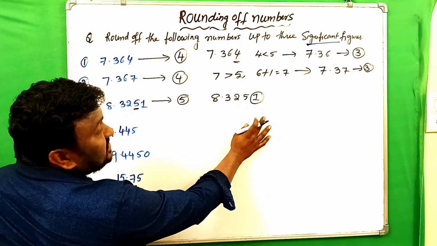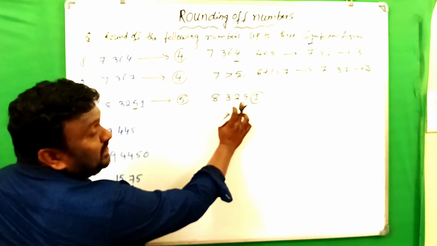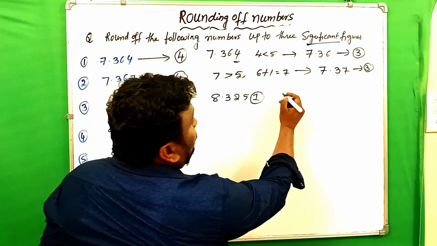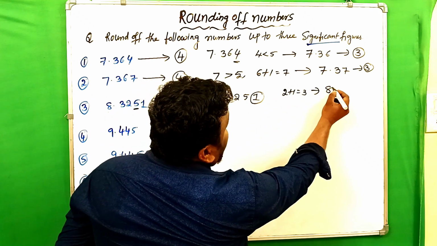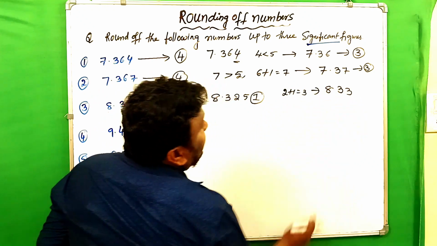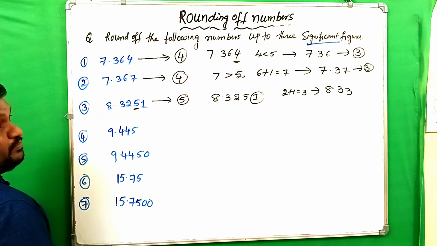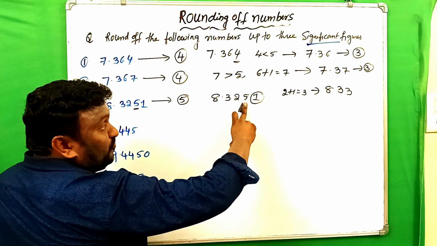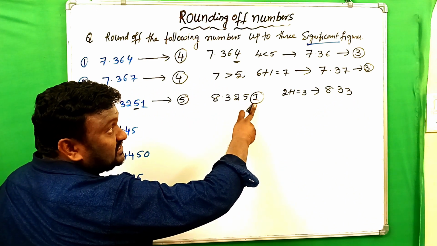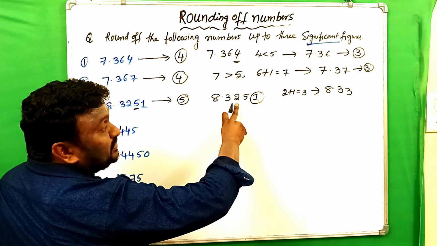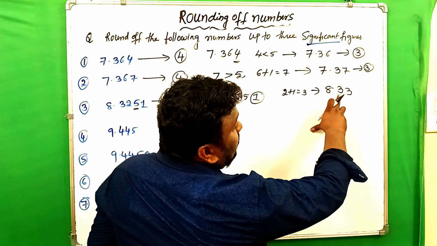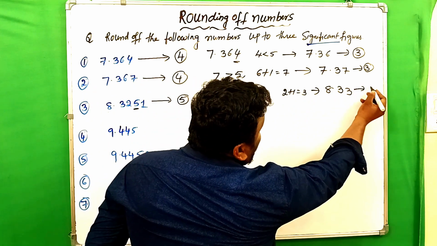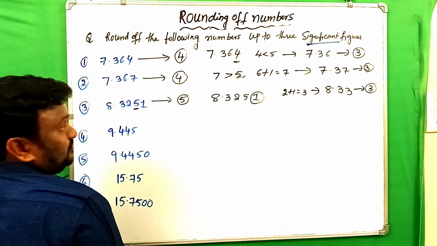Clear? Then obviously the preceding number is increased by 1. 2 plus 1 is 3. So we write 8.33. So when 5 follows a non-zero digit, the preceding number is raised by 1. According to that, we write 8.33. It also has 3 significant figures.